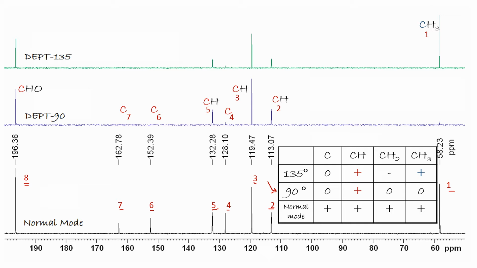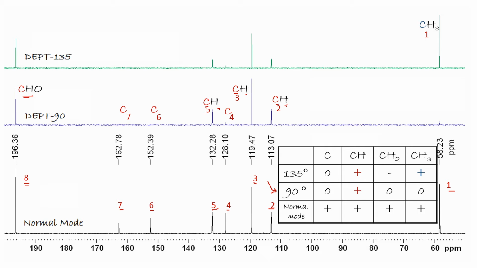So we have C2, C3, C5 that have H, that's CH, and C1, C4, C6, C7 disappeared, and the peak at 196.36 is the aldehydic carbon. Of course, it has one H.